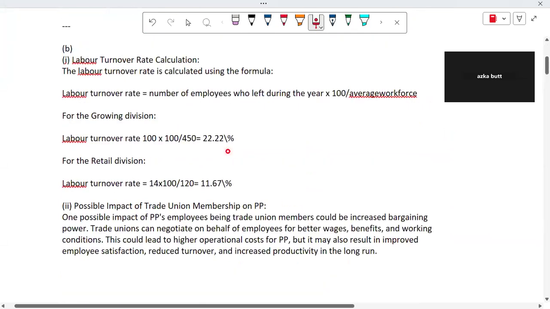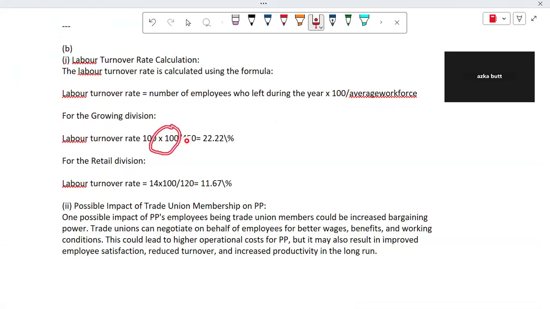For the growing division, first you need to see the formula. The formula is the number of people who left during the year divided by the average workforce, multiplied by 100. For the growing division, 100 employees left the business. You multiply by 100 and divide by the average workforce, which was 450.